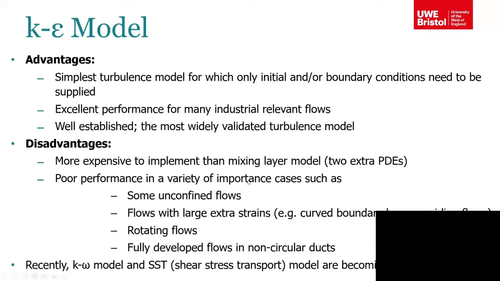Disadvantages: more expensive to implement than the mixing length model, but with today's computers you can use it. Poor performance in a variety of cases like unconfined flows, extra strains or rotating flows. It is not good for rotating 3D flows, and not even good for fully developed flows.